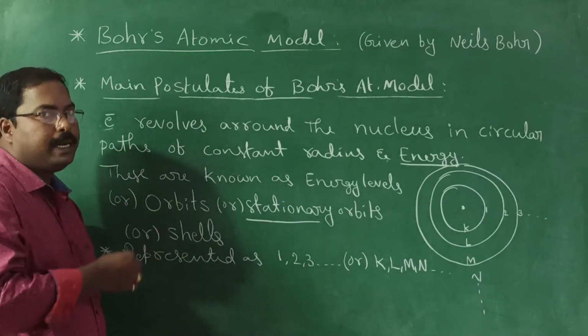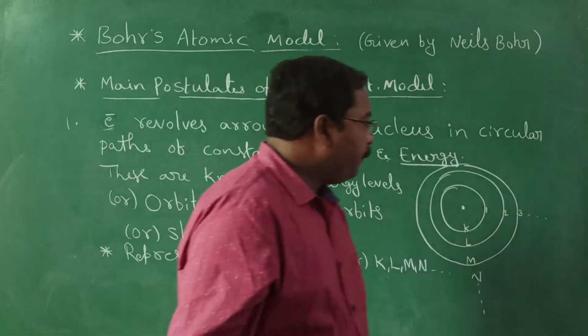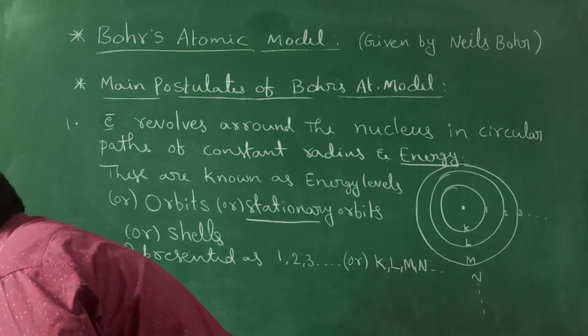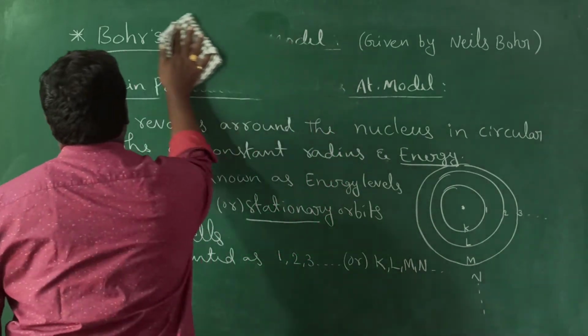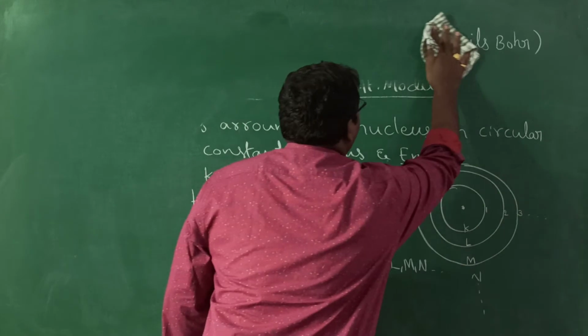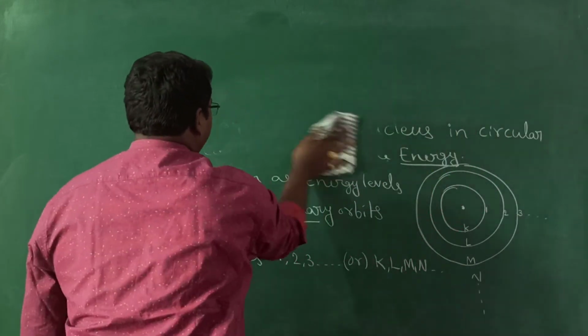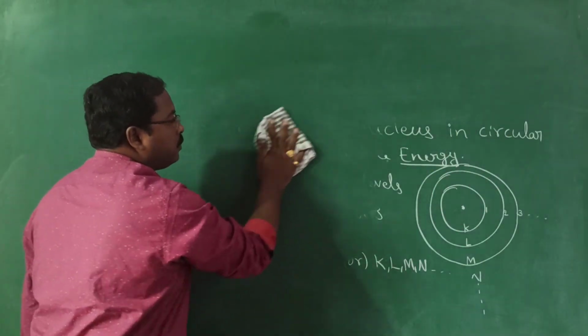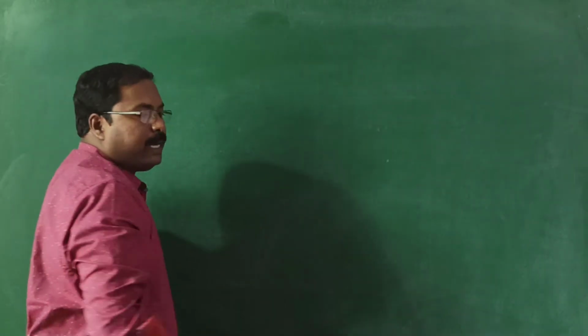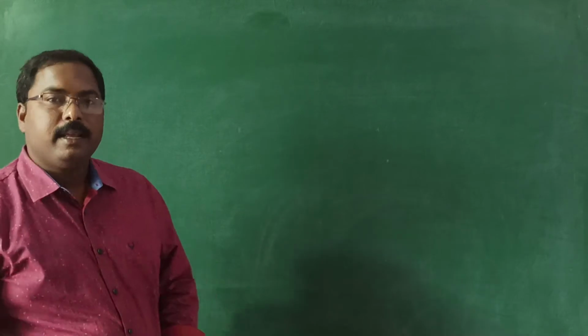Then we will discuss the next point. Now coming to the second point, as I already told you, the energy of an electron in a particular orbit is constant. Let us write that point in the notes.